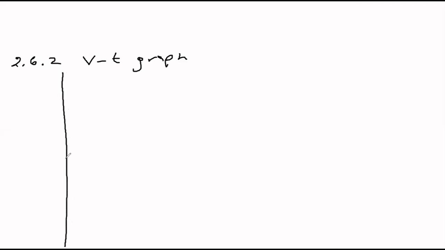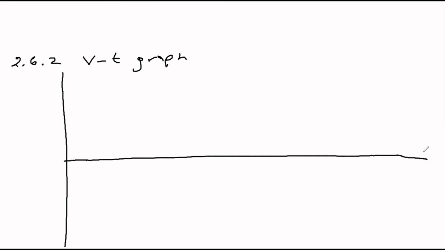Let's now go to the second graph, 2.6.2, which is the velocity time graph. Okay. So along the x-axis, we have time in seconds. Then along y-axis, we have v in meters per second.